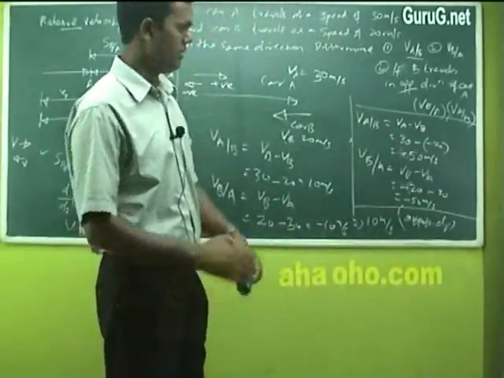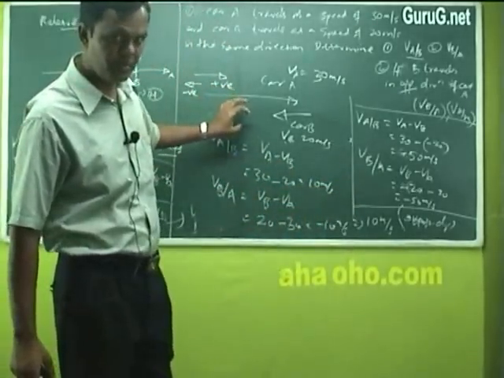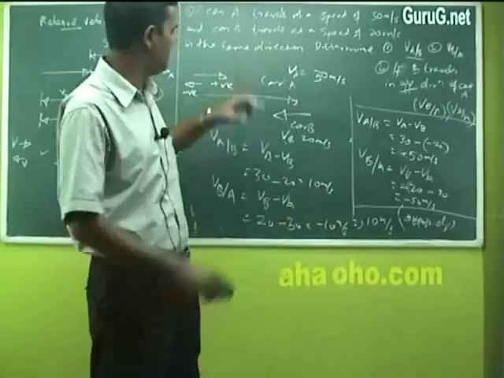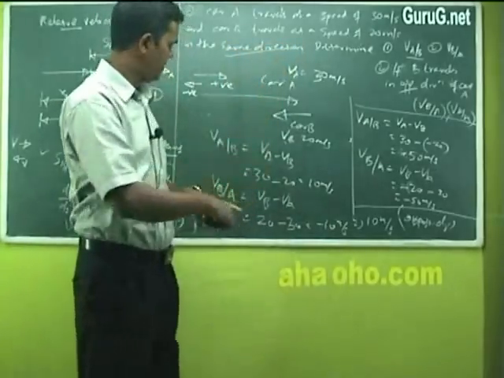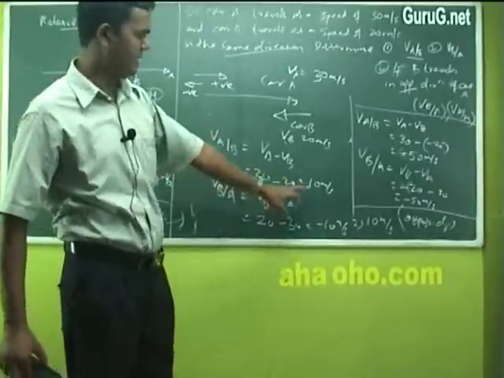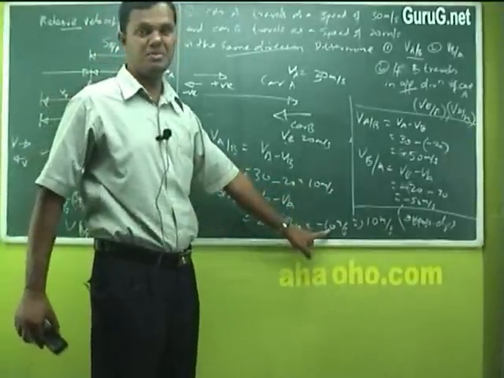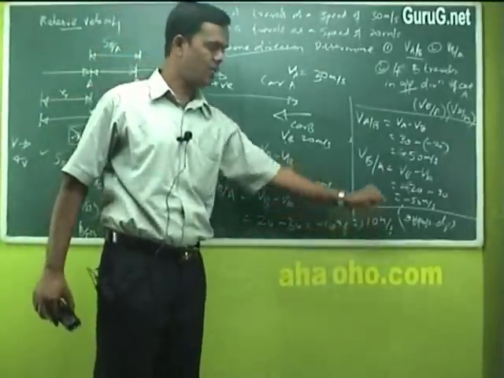That is the value. Now, just see the difference. When both bodies are moving in the horizontal direction, in the same direction as given earlier, the relative velocity of A to B is 10 meter per second, and B to A is minus 10 meter per second, that is 10 meter per second only, in the opposite direction.